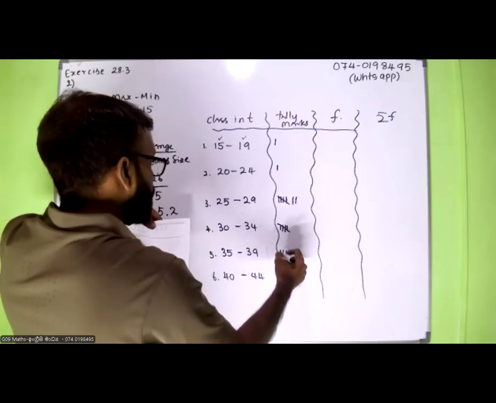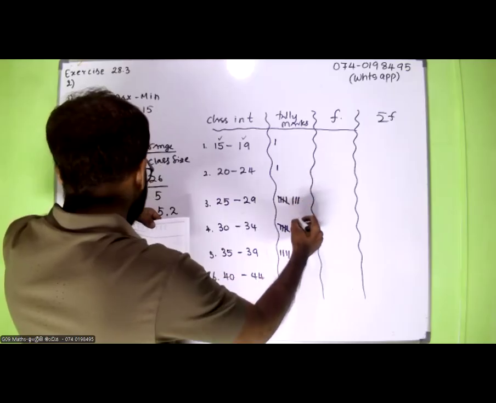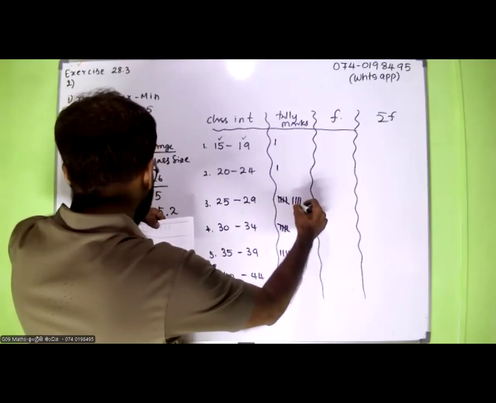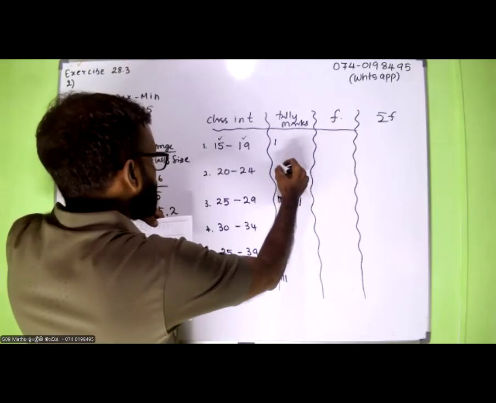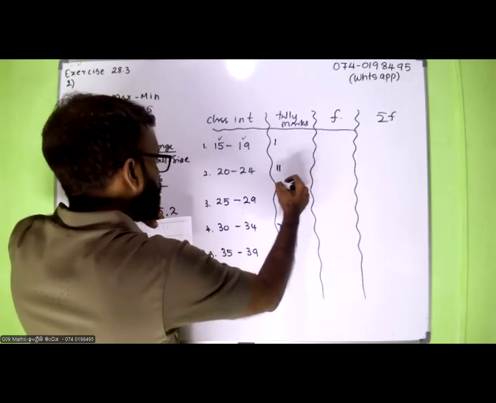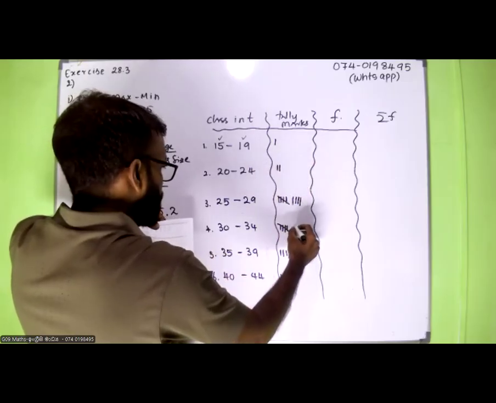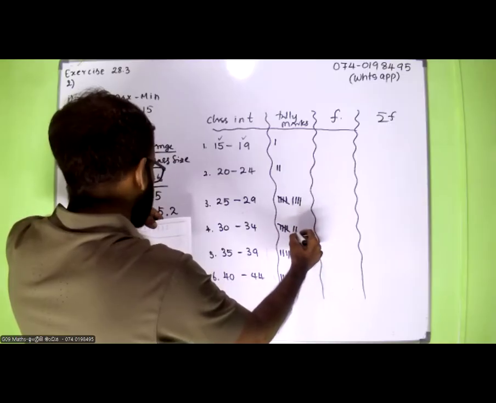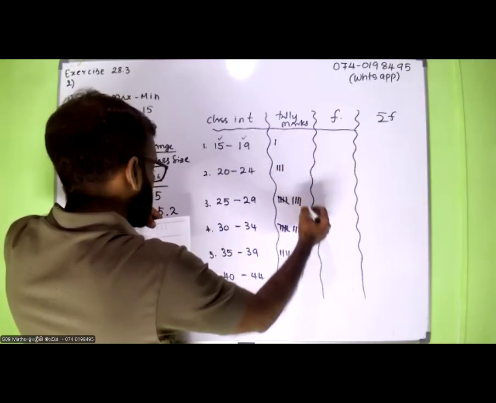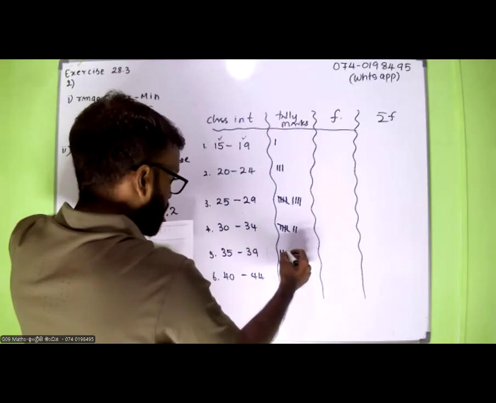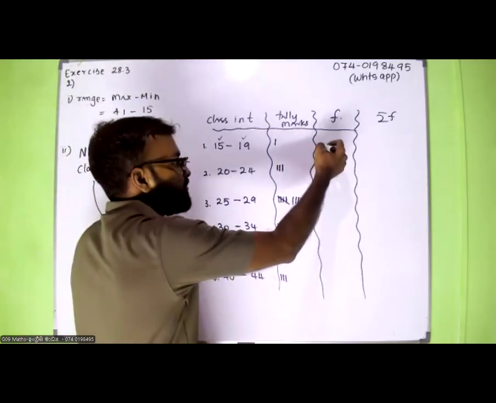Then 28 here. 27 same. 23 here. 32 is here. 33 is also here. 24 here. 38 here. So tell me the frequencies.